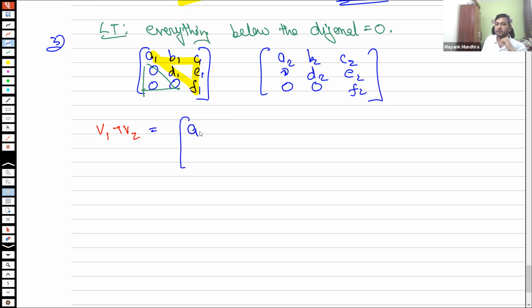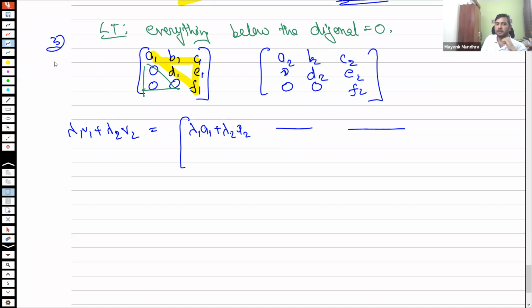So v1 plus v2 is A1 plus A2. Or if you want to do lambda v1 plus lambda v2, you can even do that. Lambda 1 v1 plus lambda 2 v2. This is going to be lambda 1 A1 plus lambda 2 A2. Then lambda 1 B1 plus lambda 2 B2, lambda 1 C1 plus lambda 2 C2.